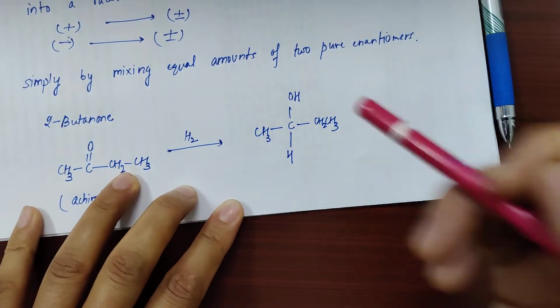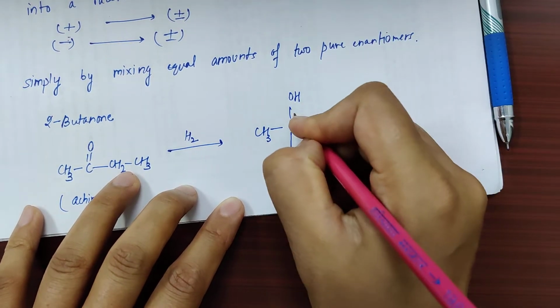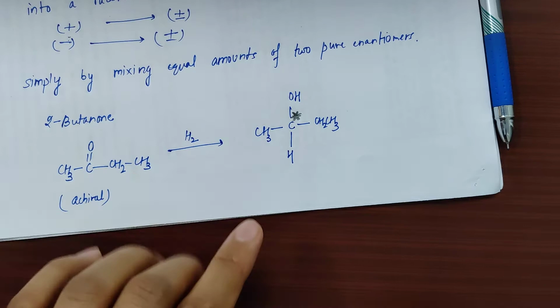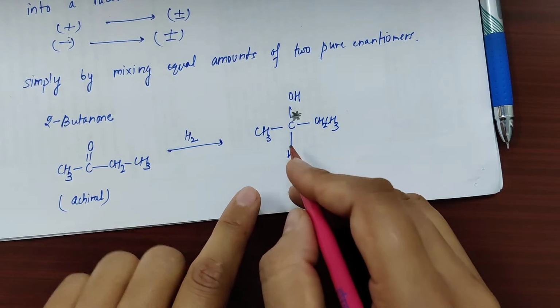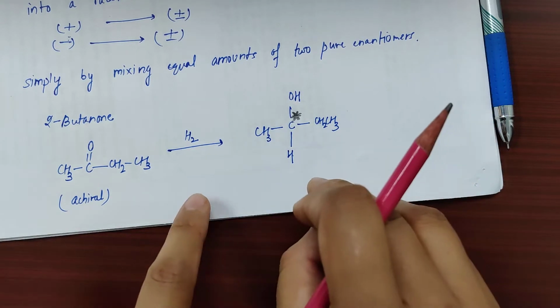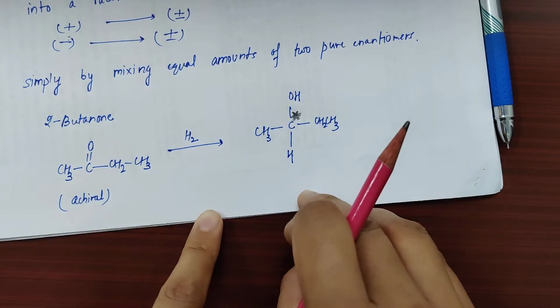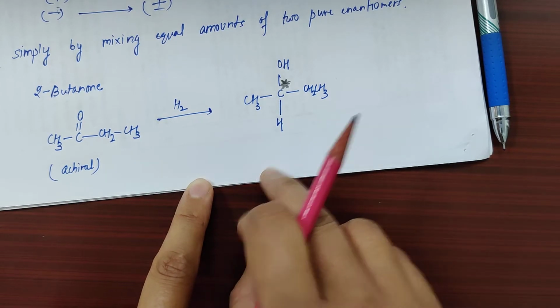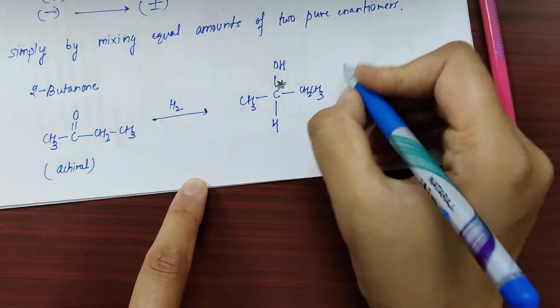So if you see now, this carbon is a chiral carbon, and it will have both the enantiomers in equal amount.